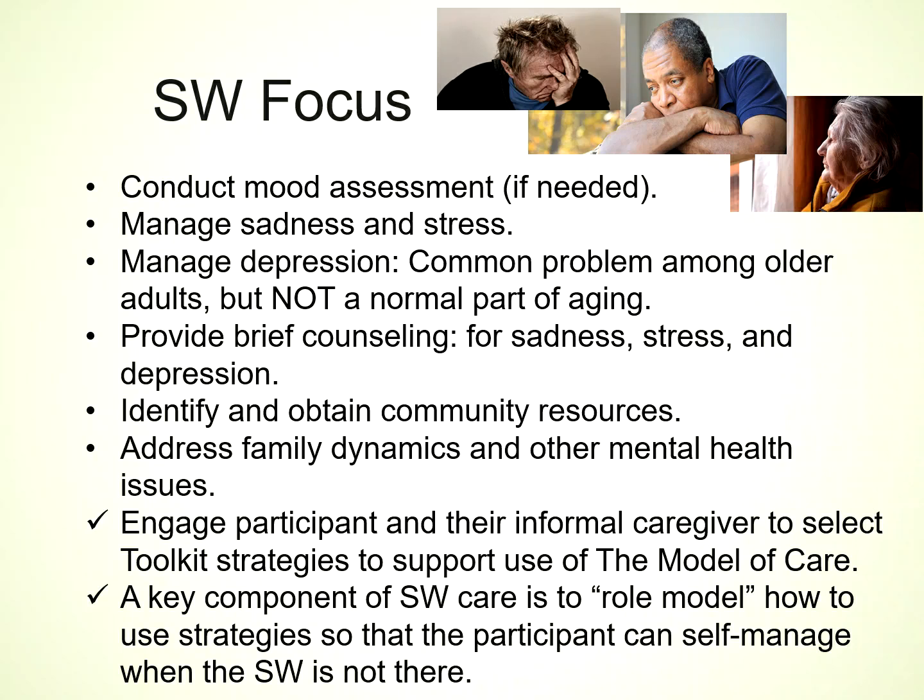They can address family dynamics and other mental health issues. A social worker can engage the participant and their informal caregiver to select toolkit strategies to support use of the model of care. A key component of social work care is to role model how to use strategies so that the participant can self-manage when the social worker is not there.